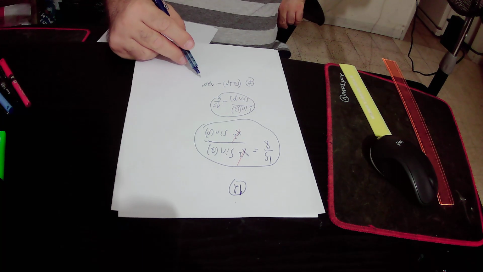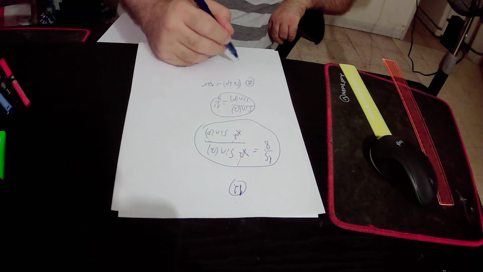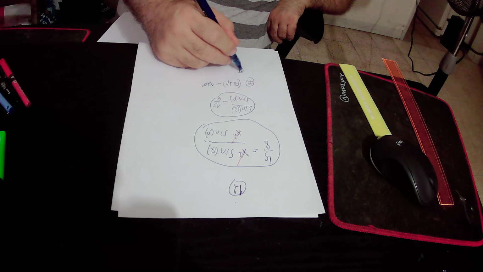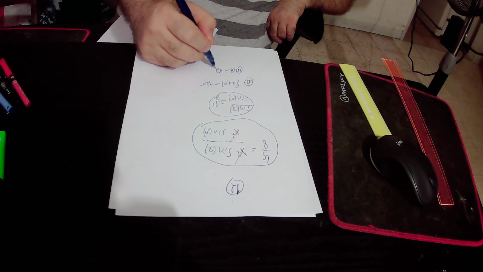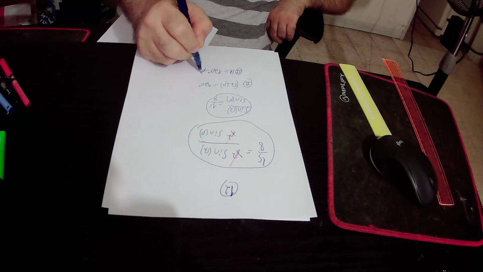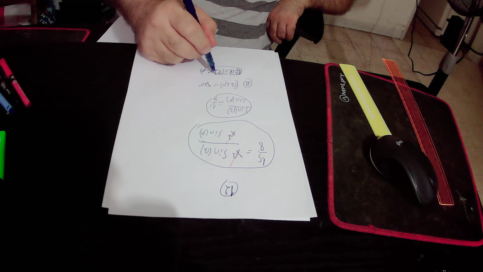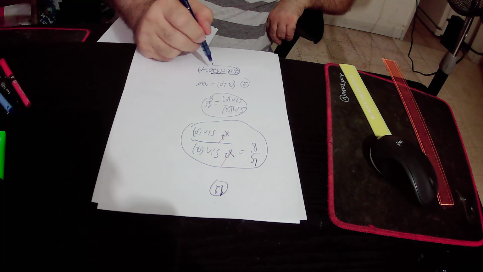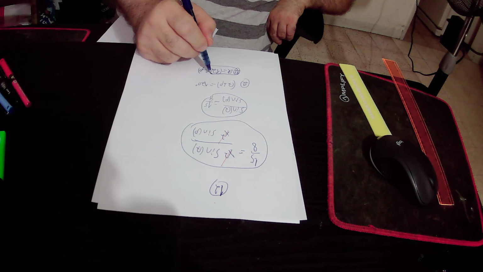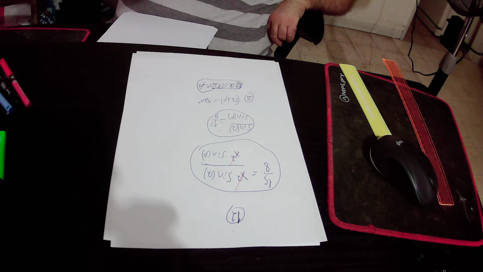Here we will subtract P from equation number 2 and we will get that Q equals 120 degrees minus P. Okay, we know that Q equals 120 degrees minus P from equation number 2.